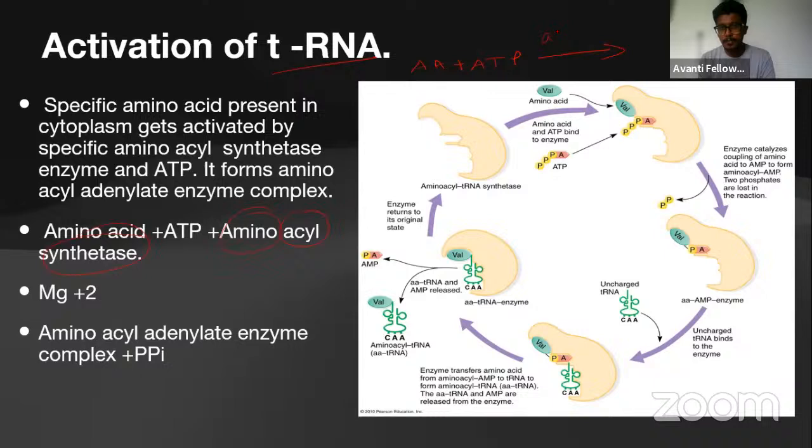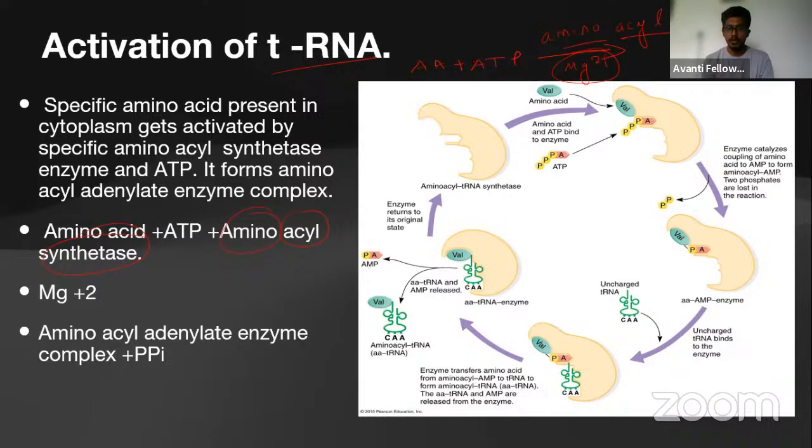This is a very important enzyme, amino acyl synthetase. In the presence of amino acyl synthetase, the reaction will proceed in the presence of Mg2+, a very important concept.